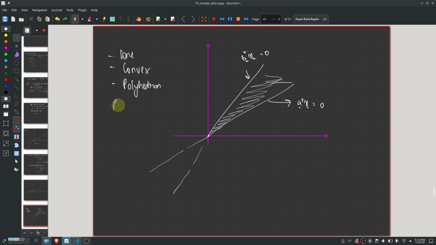So this is called a polyhedral cone. So in R2, can you think of a geometric or visual non-convex cone?